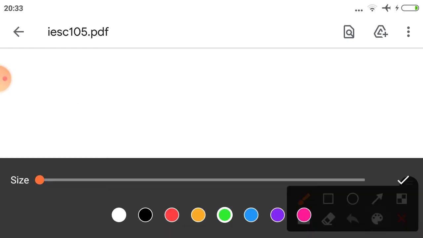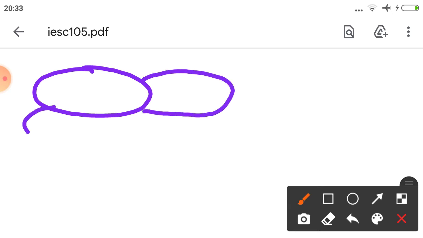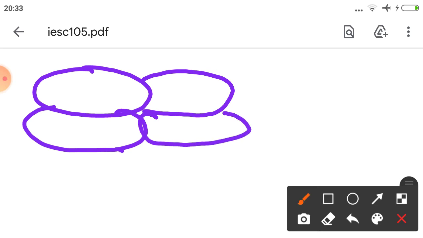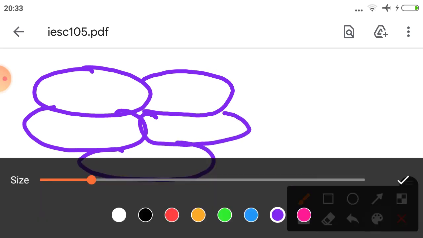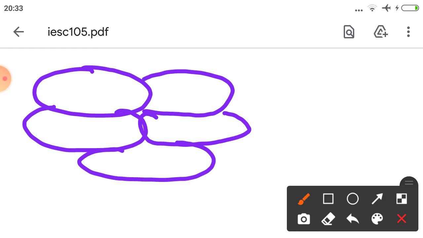Then we see it under the microscope and we obtain this structure. I hope you can see the structure carefully.